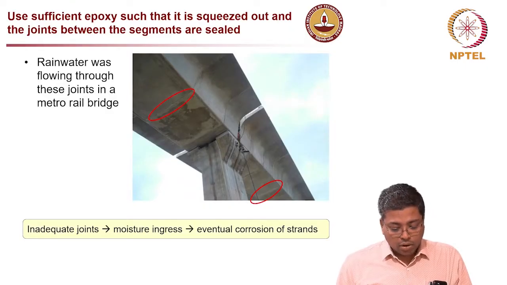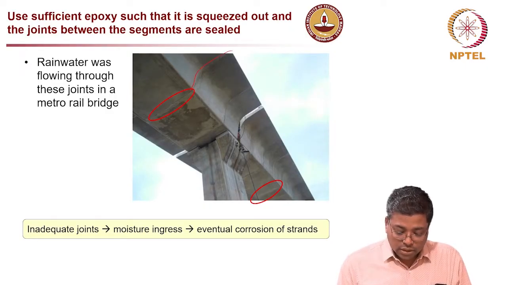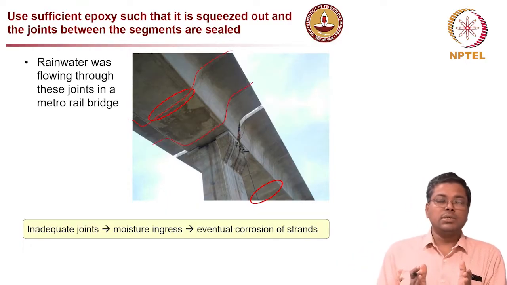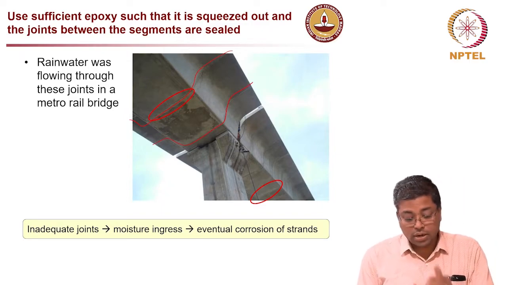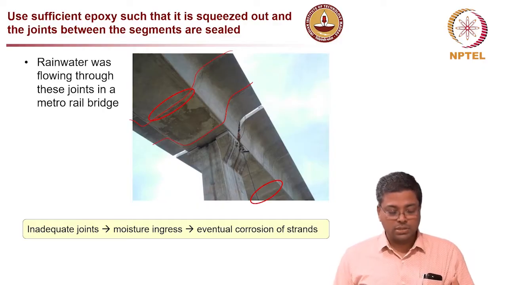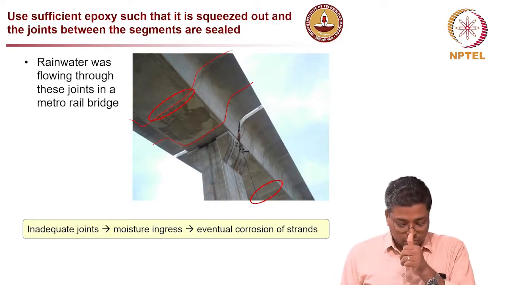Now, also the joints, these segmental joints you can see here. These joints are usually supposed to be filled. A few decades ago, people used to go for dry joints, meaning there is nothing in between the two segments.